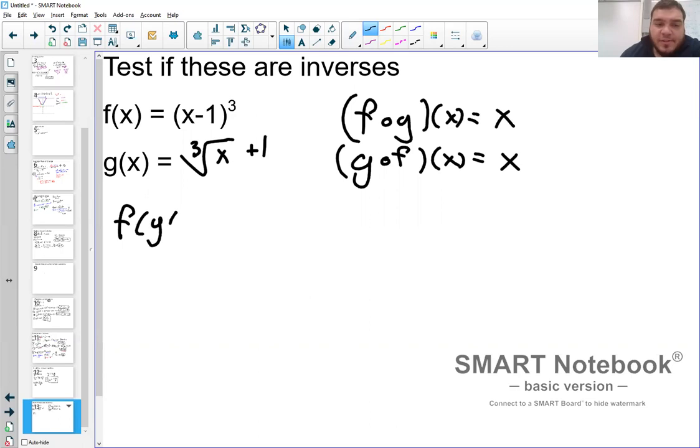f of g of x, which means I'm going to replace this g of x with what it is. So f of cube root of x plus 1, because g of x became cube root of x plus 1. Now I'm going to plug it in here.